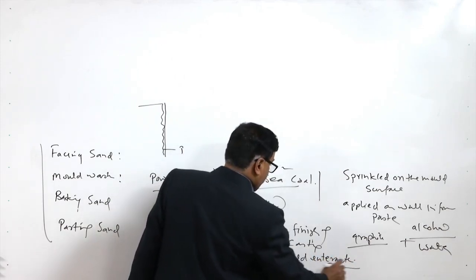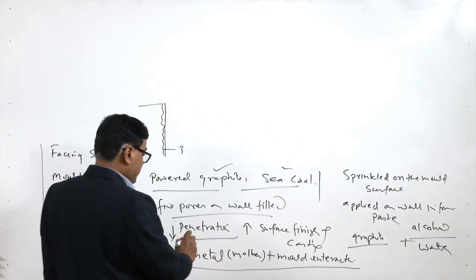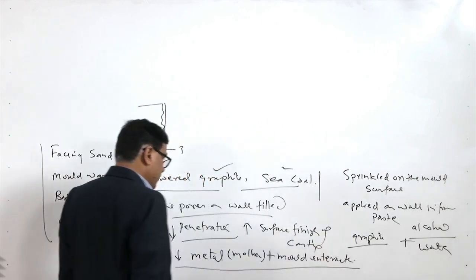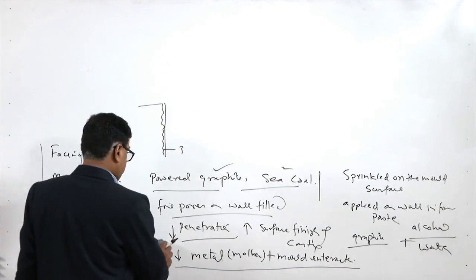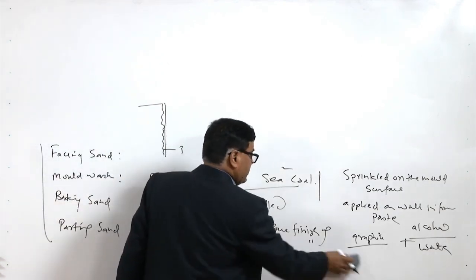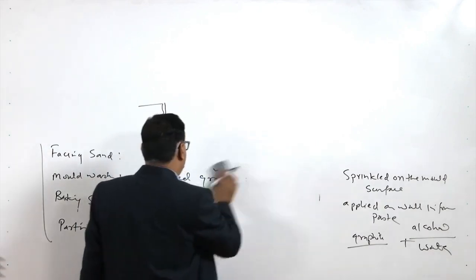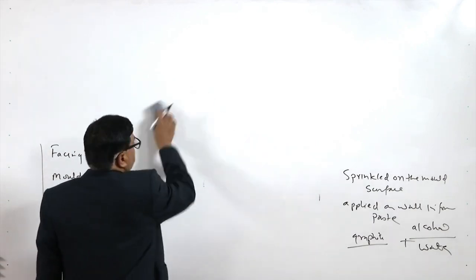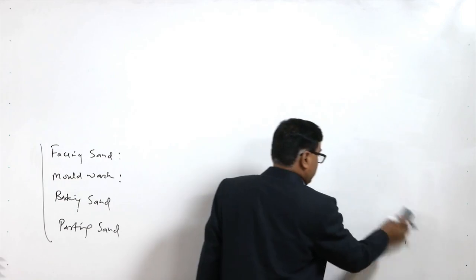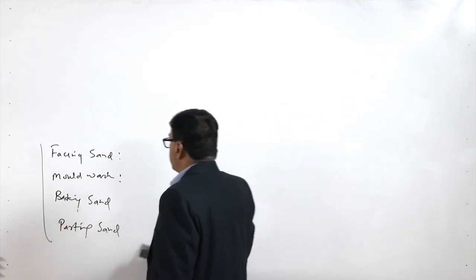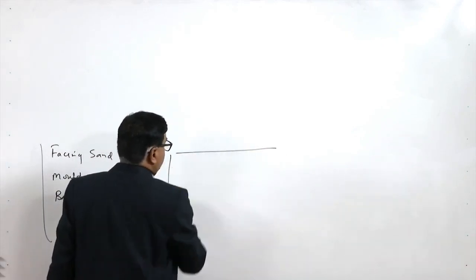So, a harmful evolution of the excessive gases due to the molten metal mould reactions is reduced with the application of the mould wash, which in turn will be reducing the tendency for the gaseous defects in the castings like blowhole porosity. So, it is good in that way to apply the mould wash in the sand mould in order to reduce the casting defects. Basically, the backing sand is like this is the flask.